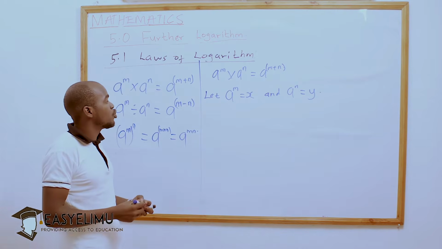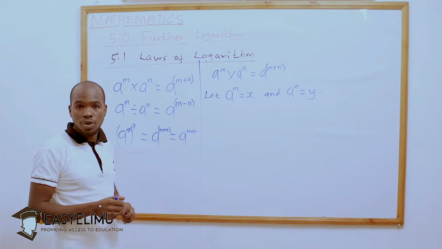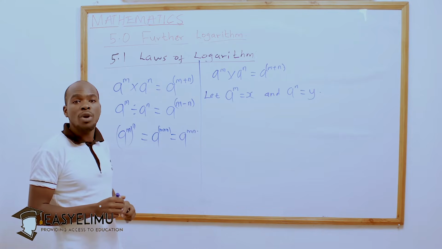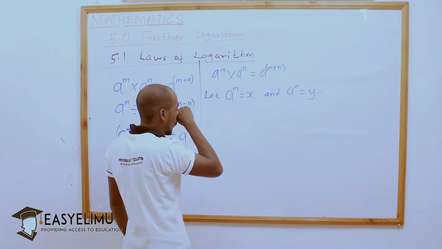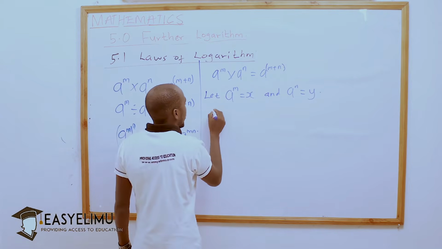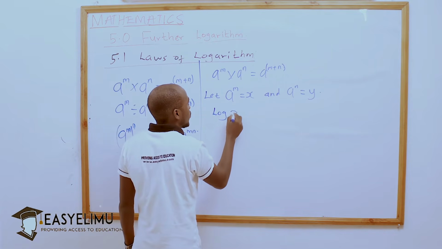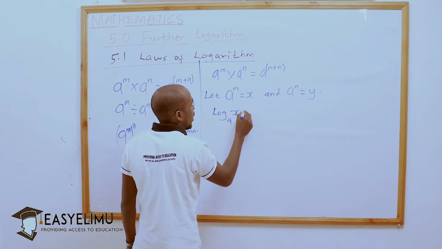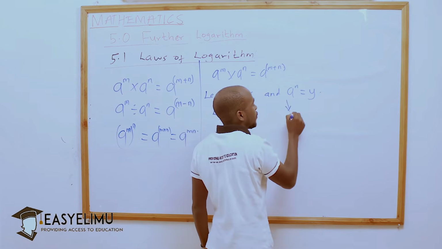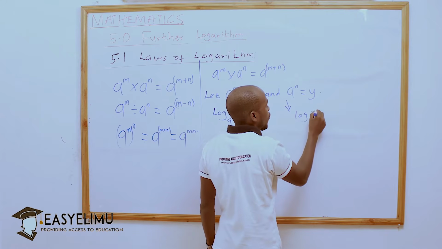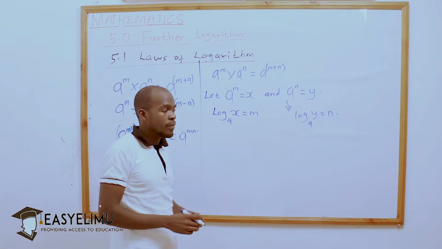Since we have formed two index notations, we can write them back to logarithmic notation and say that the logarithm of x, which is the answer, to the base of a is equal to m, and here we shall have the logarithm of y to the base of a equals n.